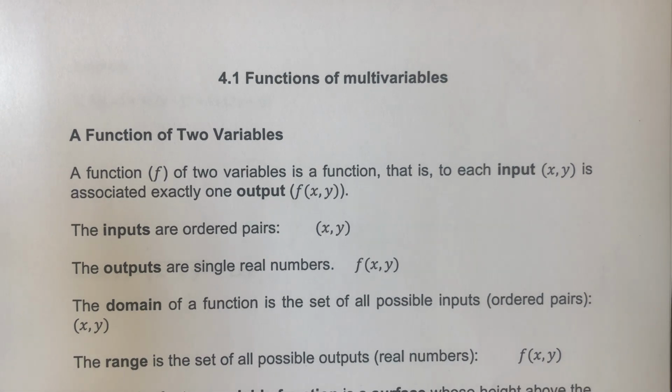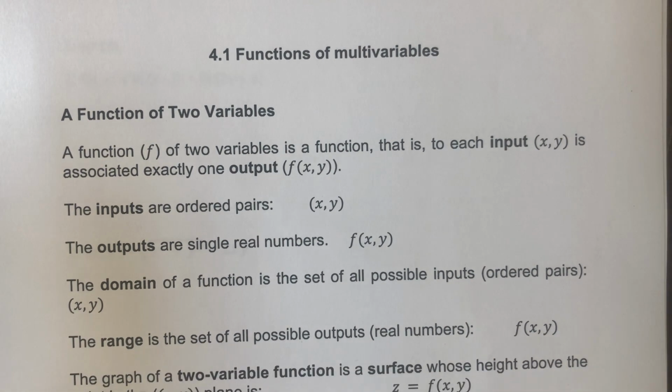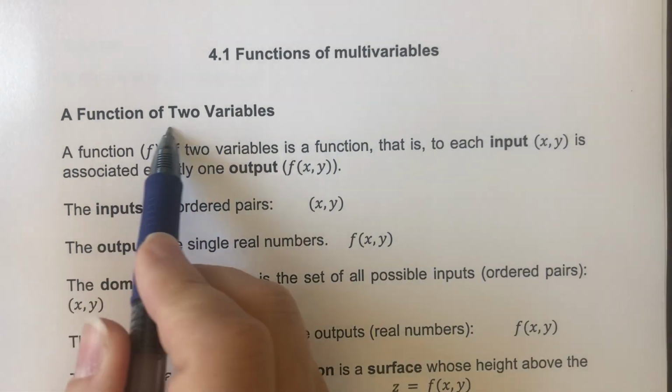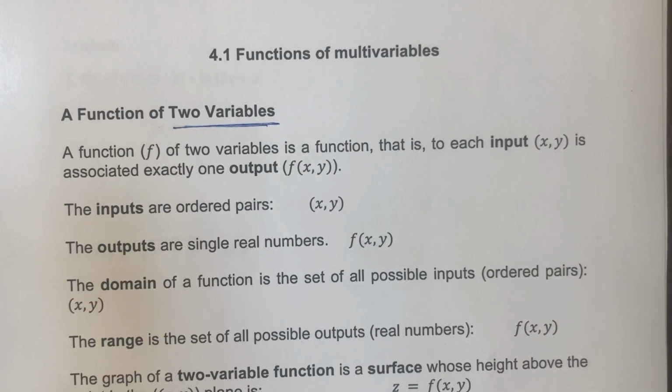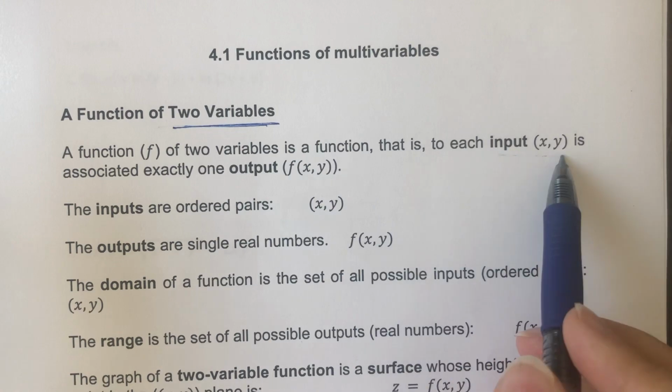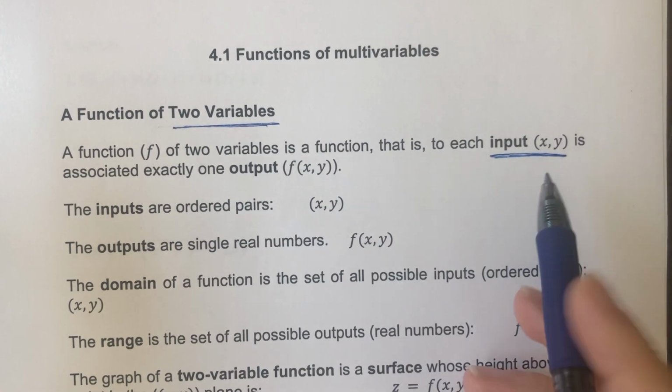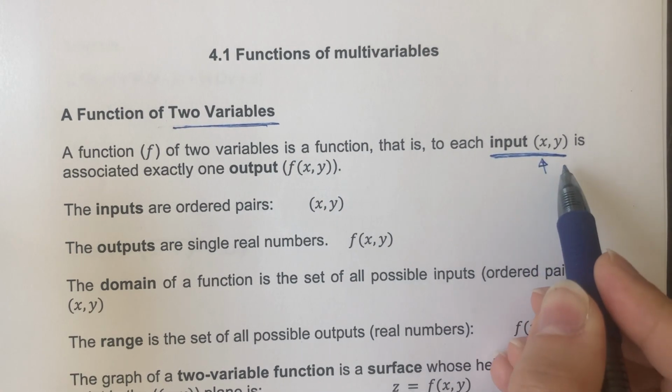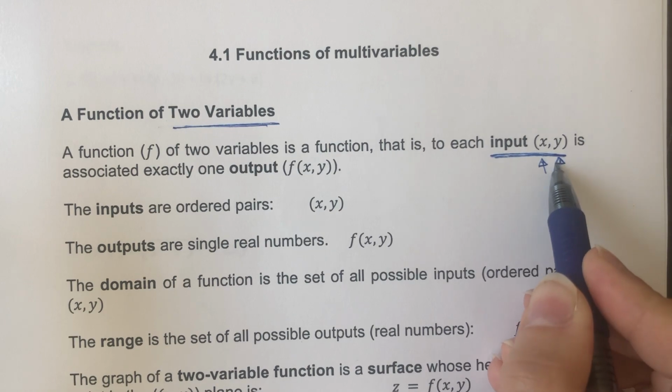So what is a function of 2 variables? As I said, we could look at more, but most of the time we will be concentrating on functions of 2 variables. It's a function so that for every input, now you have 2 variables that you're inputting, not just an x, but an x and a y.